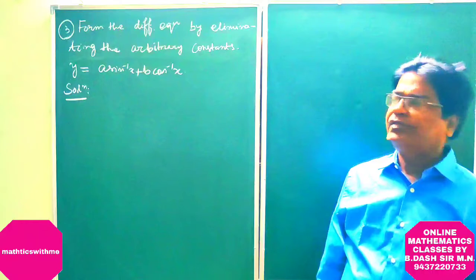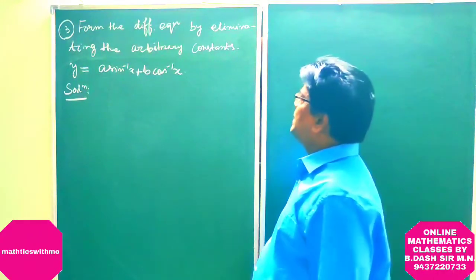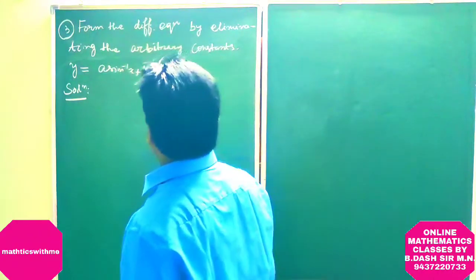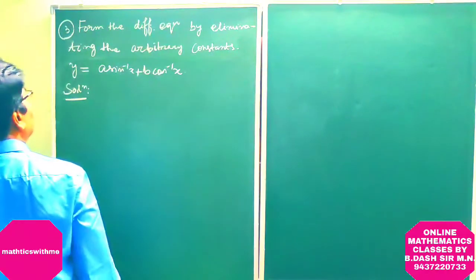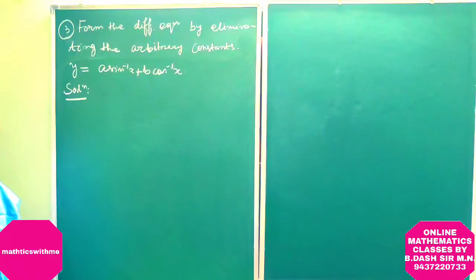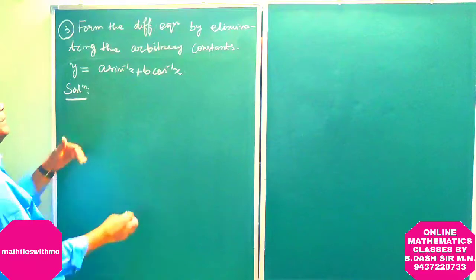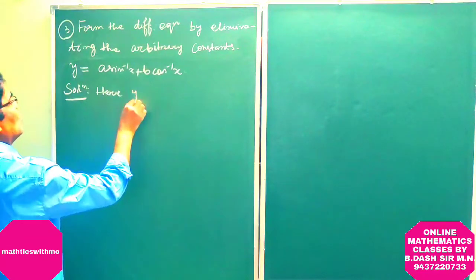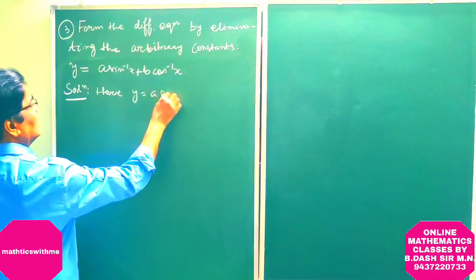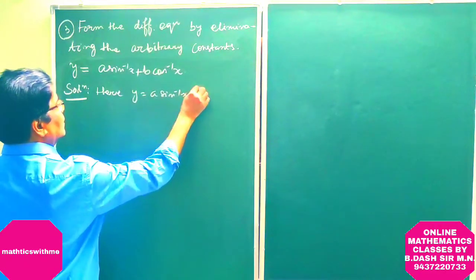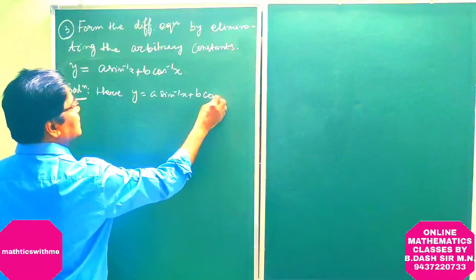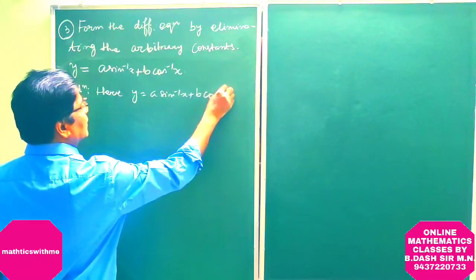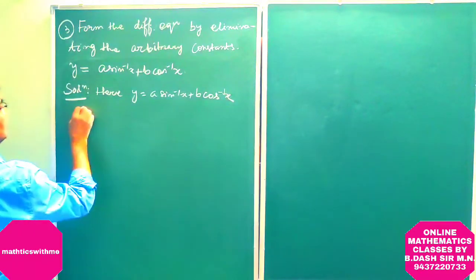Our next question is: form the differential equation by eliminating the arbitrary constants, y is equal to a sin inverse x plus b cos inverse x. Here y is equal to a sin inverse x plus b cos inverse x.